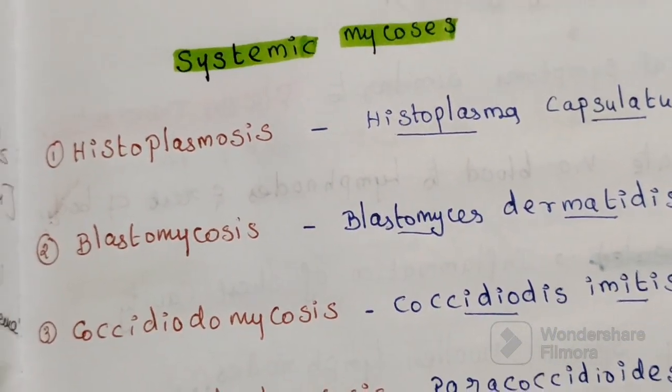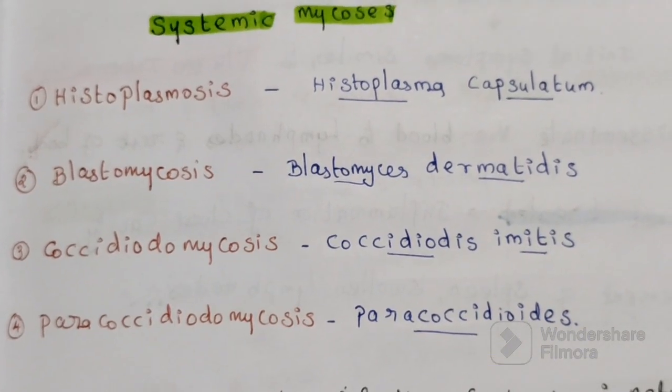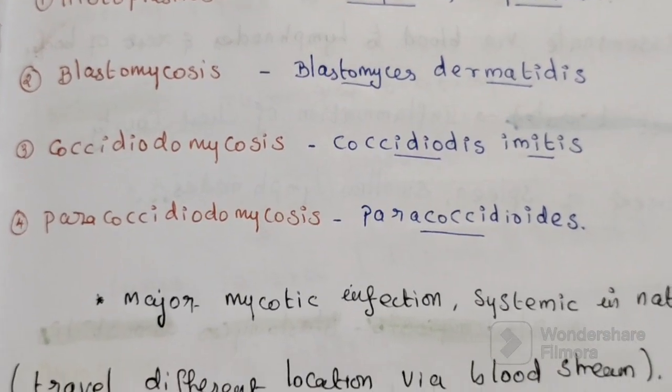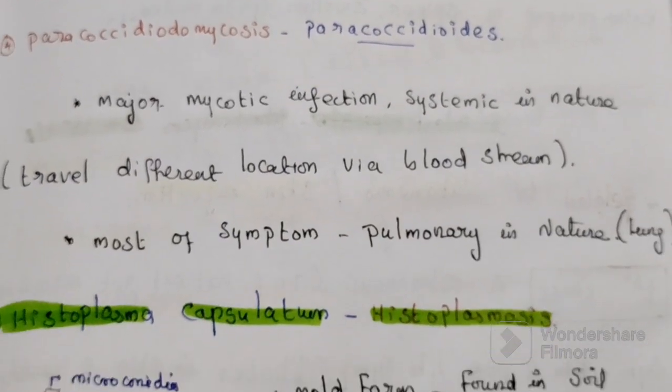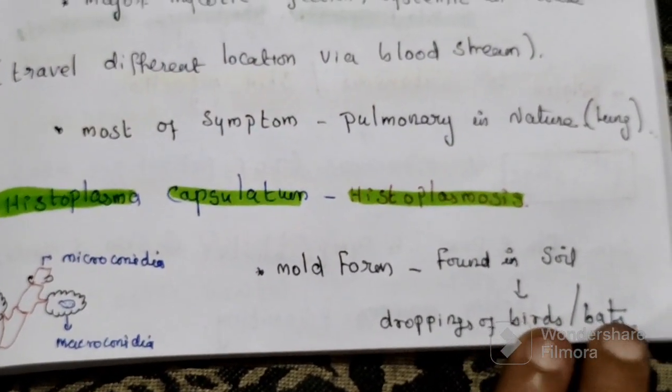So in this video we are discussing systemic mycology, four microorganisms: Histoplasmosis, Blastomycosis, Coccidioidomycosis, and Paracoccidioidomycosis. First we discussed Histoplasma capsulatum.